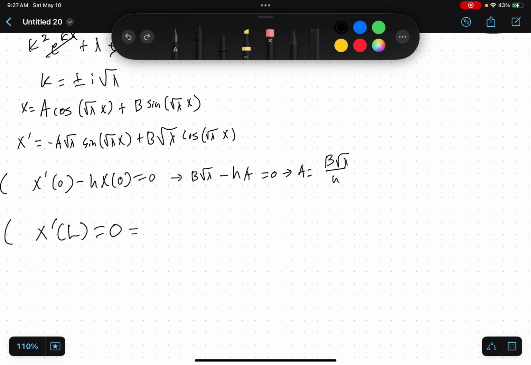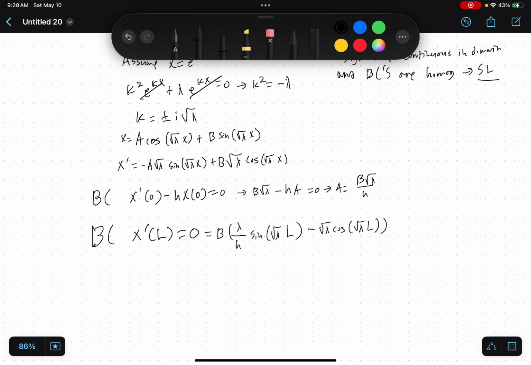Gonna pull the B out. Cool. Okay. Is there supposed to be a minus in there?